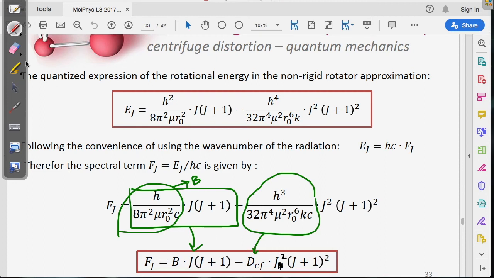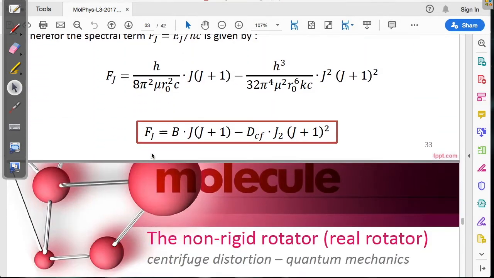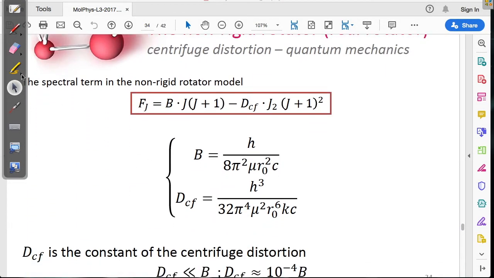Now let's see how much these values are. Again, let me correct: c squared here. And you see, so we write it like this. This is B and this is DCF, and DCF is called the constant of the centrifugal distortion.